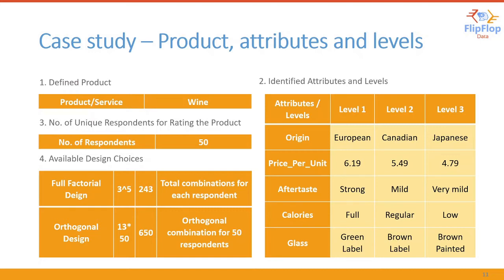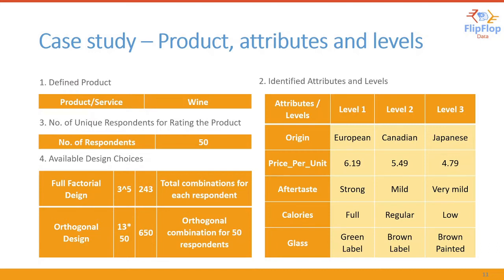Second, we have to identify attributes and levels. In this case, there are 5 attributes which are identified, and within each of those 5 attributes, 3 levels are created. Then come the unique respondents who will be rating the products. I have considered here 50 respondents for rating the products.